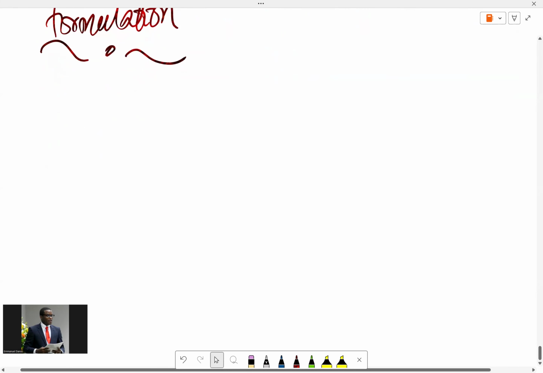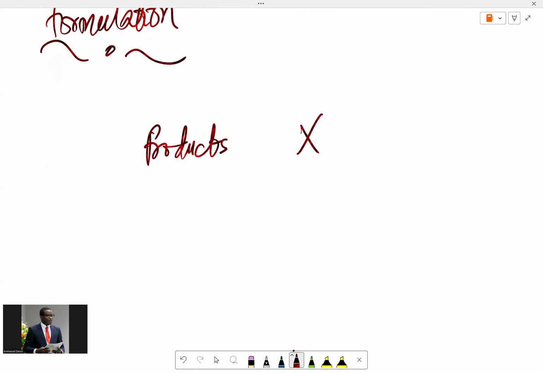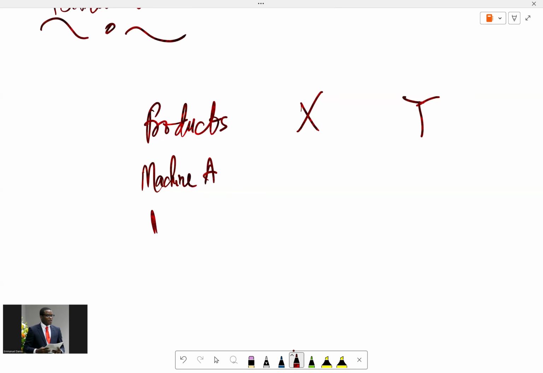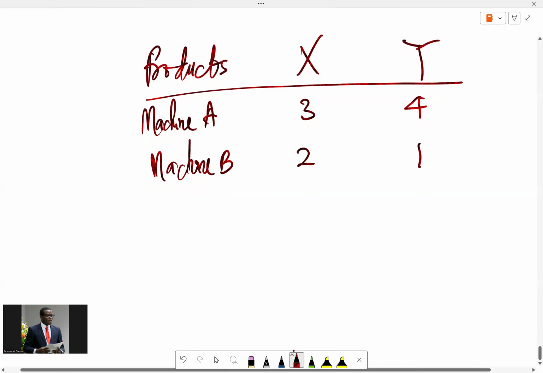So a factory produces two products, X and Y. Each unit of product X requires 3 hours on machine A and 2 hours on machine B. Then each unit of product Y requires 4 hours on machine A and 1 hour on machine B. So it's coming out gradually, as we can see.